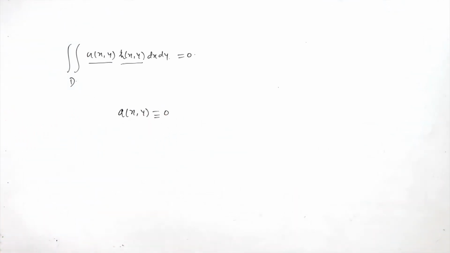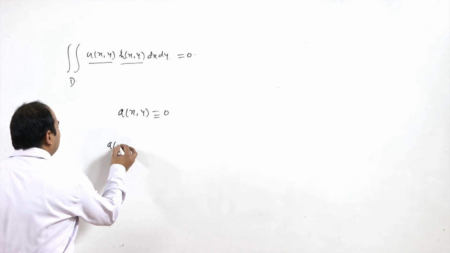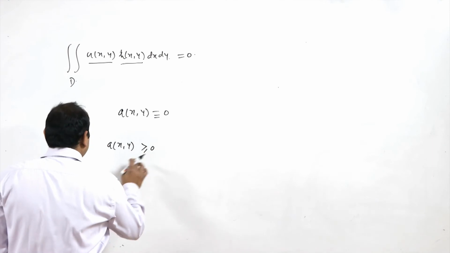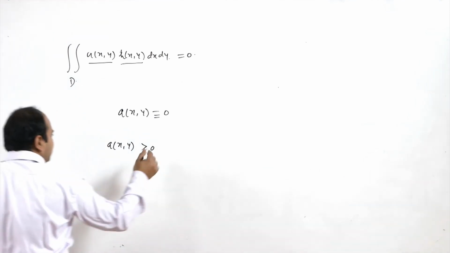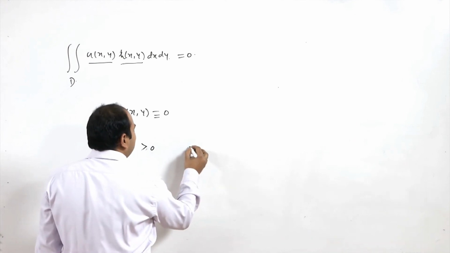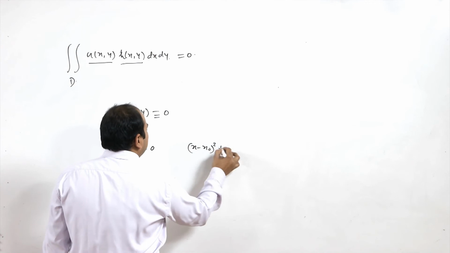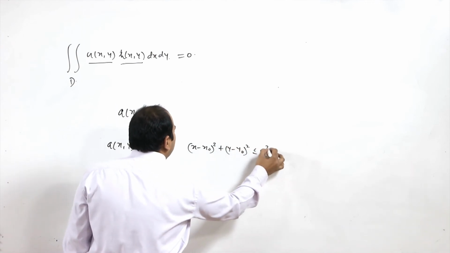Suppose it is not true, that A(x,y) is a non-zero function. Let us assume without loss of generality that A(x,y) is strictly positive on some small disc, (x minus x naught) whole square plus (y minus y naught) whole square less than or equal to epsilon square.